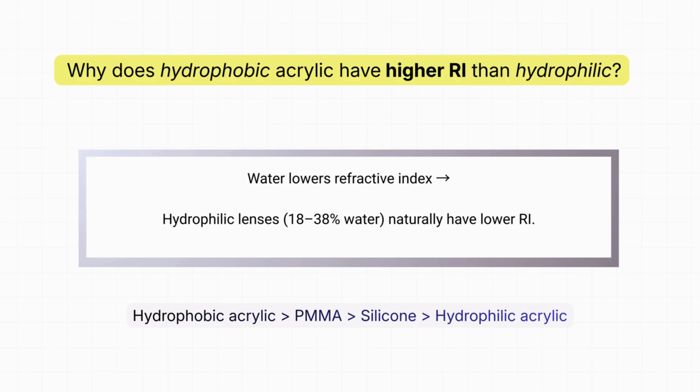Hydrophobic materials contain less water and have denser polymer packing, leading to higher refractive indexes. Water lowers the refractive index, and therefore hydrophilic lenses, which have a greater amount of water in them, naturally have a lower refractive index compared to the hydrophobic acrylic lenses.